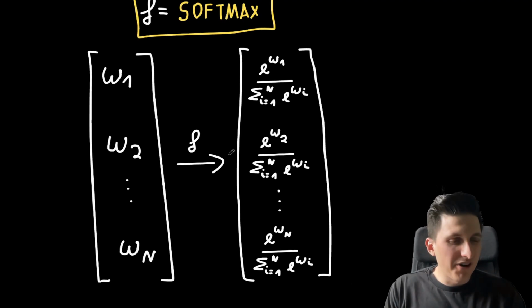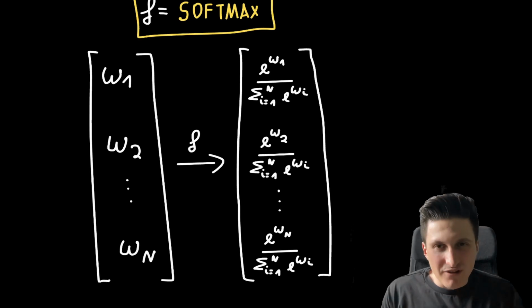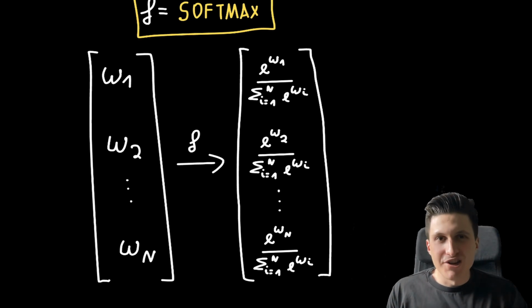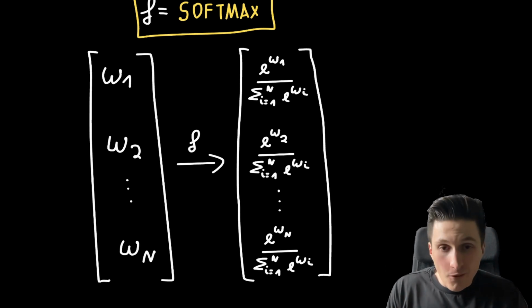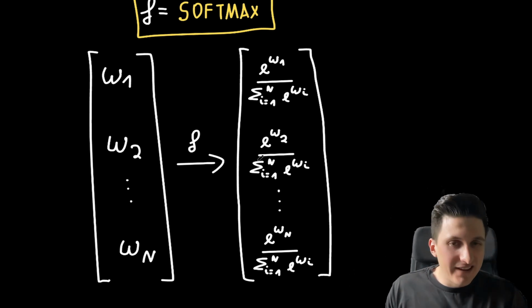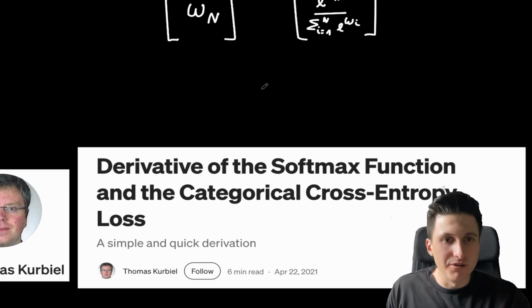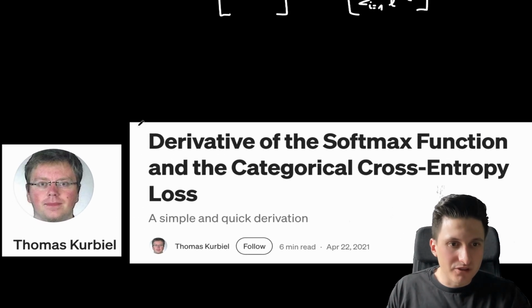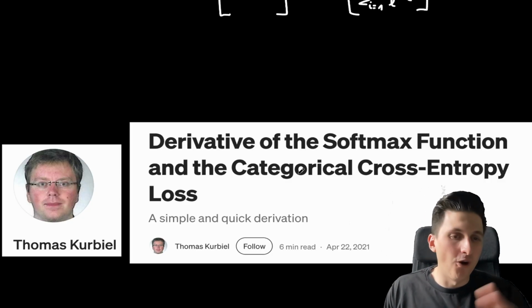So I first started deriving it manually, but eventually I arrived at a very, very ugly formula, which is very hard to implement in C++. And as I'm no mathematical god, I went searching online, and I found a very good article by Thomas Kerbiel, which derived the softmax function for us.